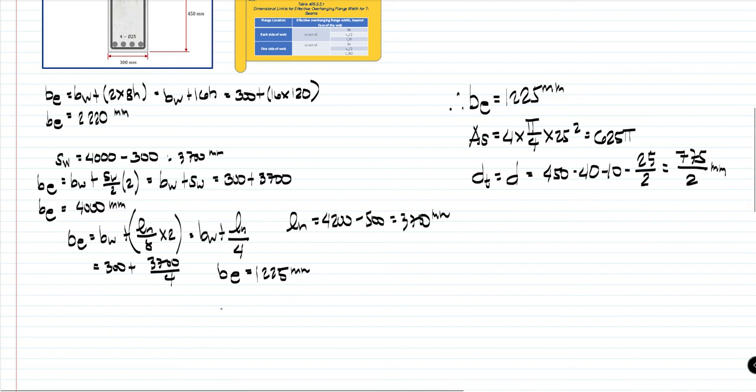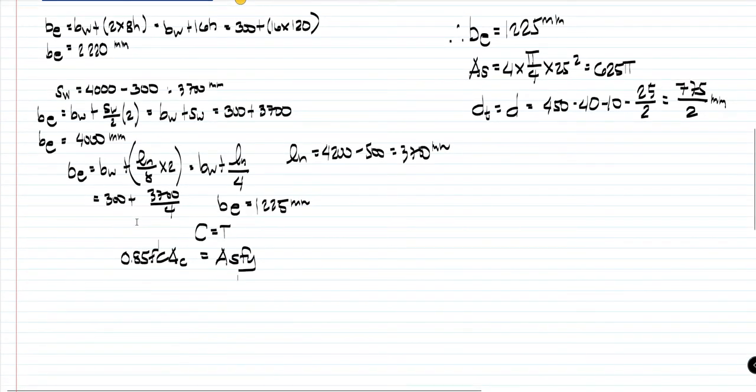So, to check kung nasaan si depth of compression block, we will be using the equilibrium equation C is equal to T, and yung compression side will just be 0.85 F prime C AC is equal to AS FY.